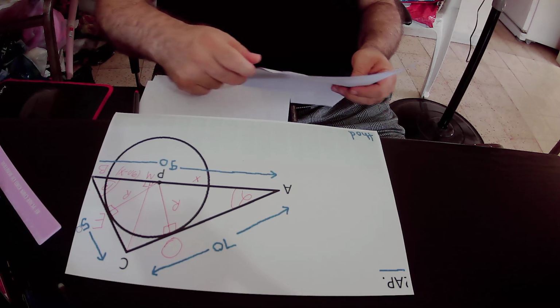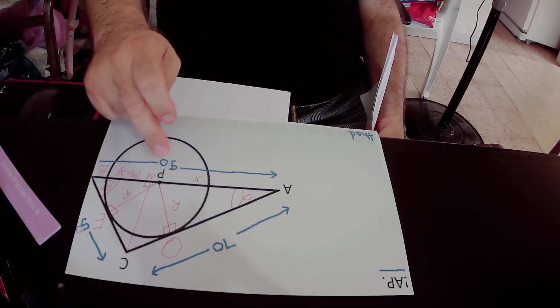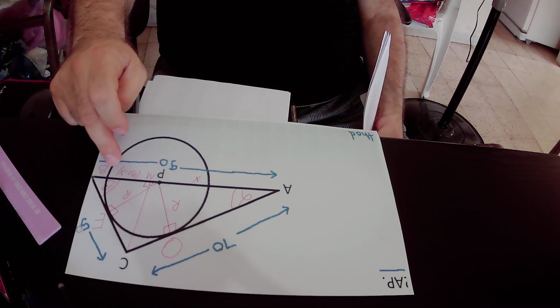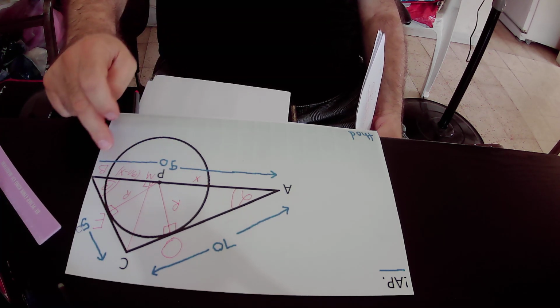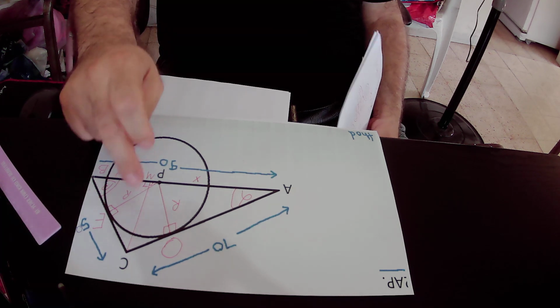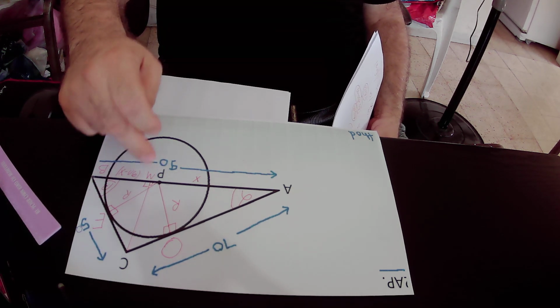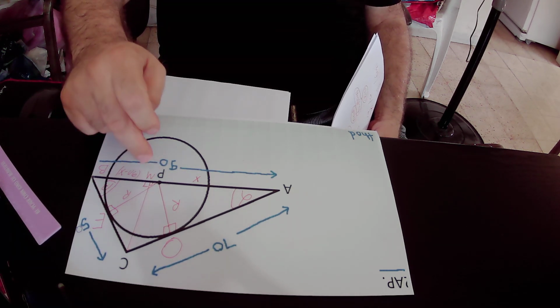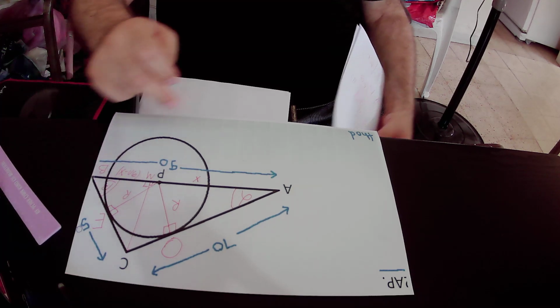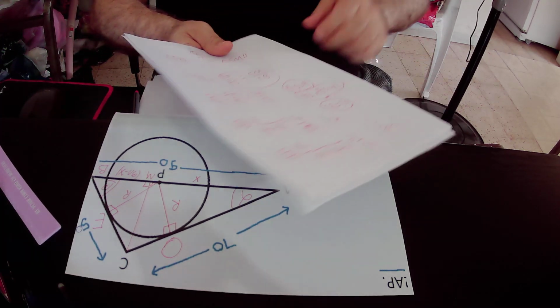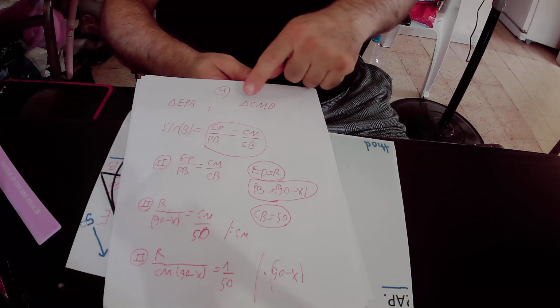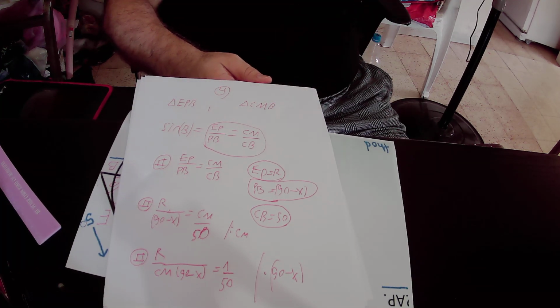We know that sine beta in the right triangle PEB equals PE over PB from one side, but sine beta in the right triangle CMB equals CM over CB. So in total we got that sine beta equals EP over PB, which equals CM over CB.